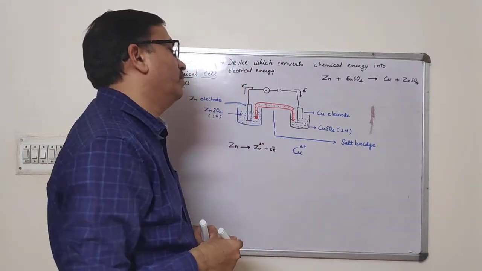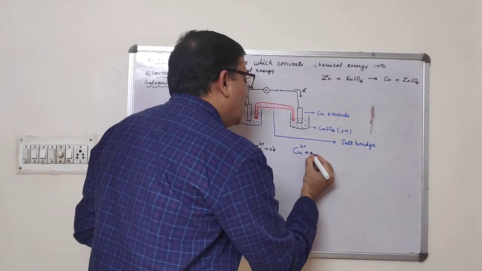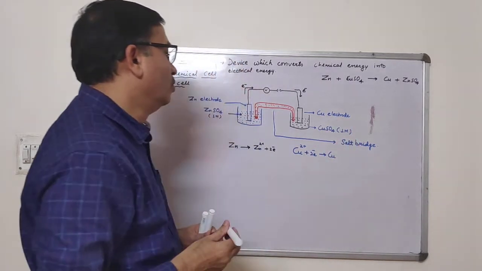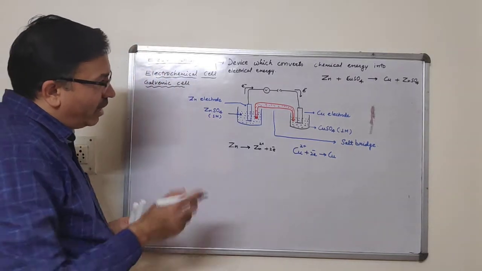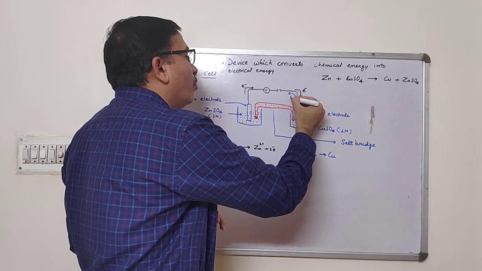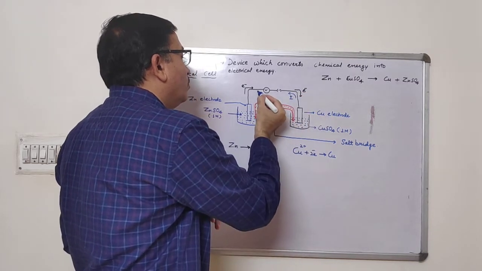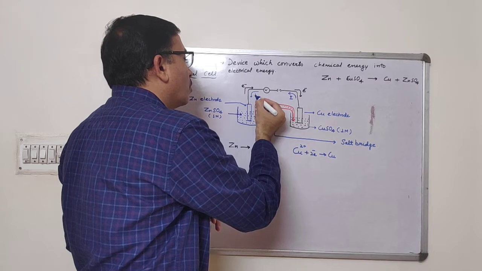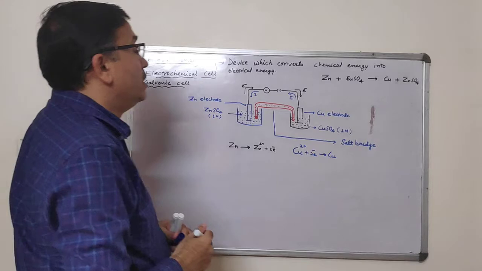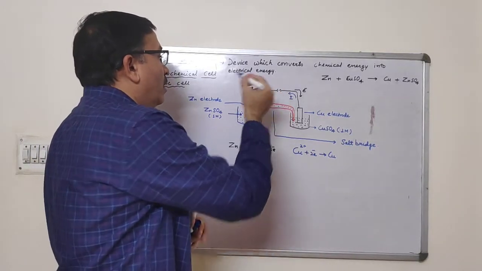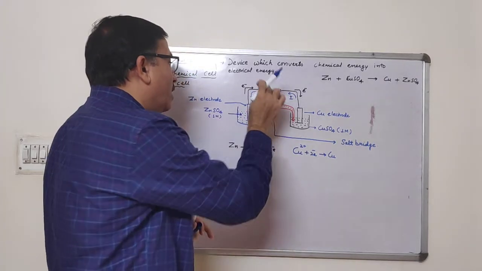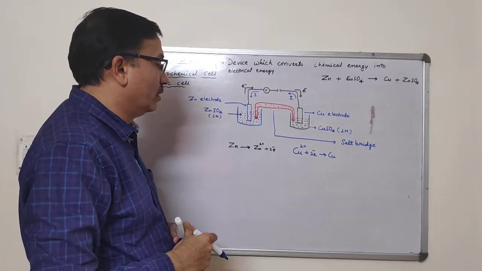Cu2+ from the copper sulfate solution gains these 2 electrons and converts into copper. Our conventional current starts to flow from the copper electrode to the zinc electrode, and there will be a deflection; a potential difference of 1.1 volt appears in this voltmeter.